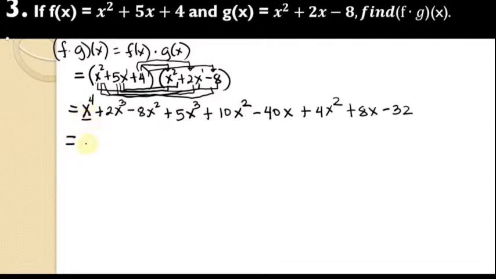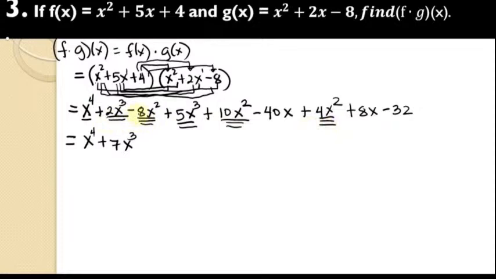So x raised to 4, walang kapareha, so just copy. 2x cubed and 5x cubed, so that is positive 7x cubed. Okay, like terms. Then ito, negative 8, and this one, tulo para alam natin.